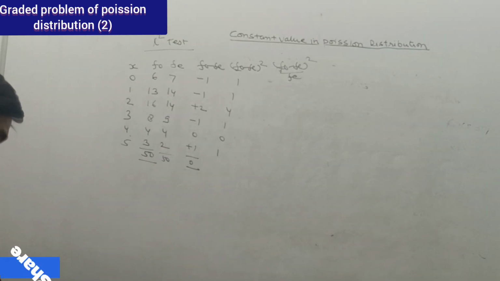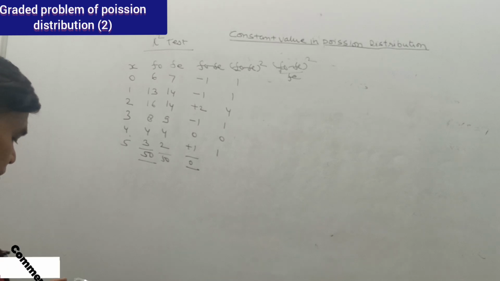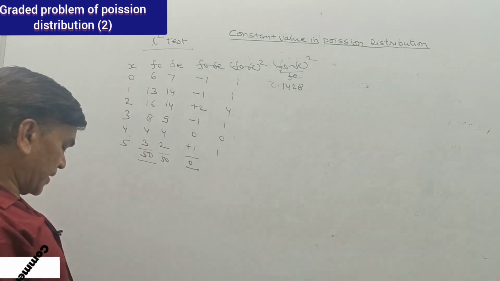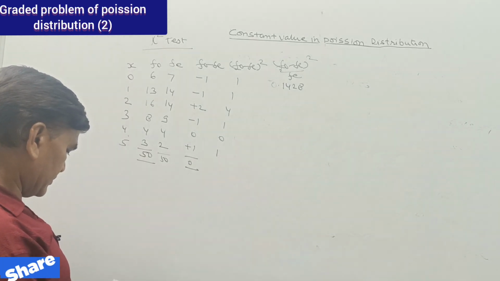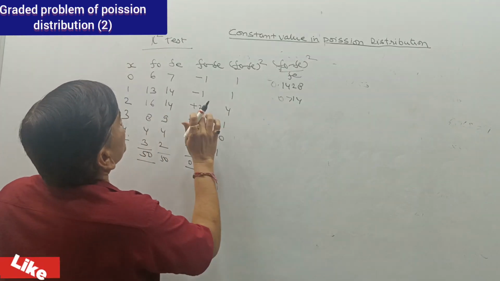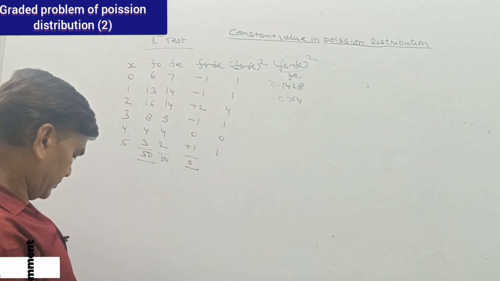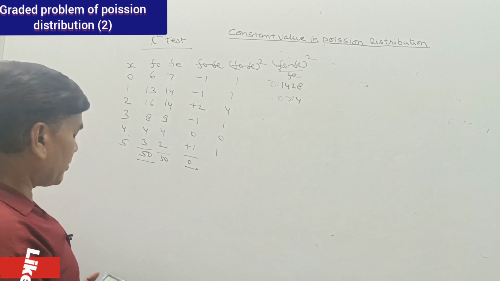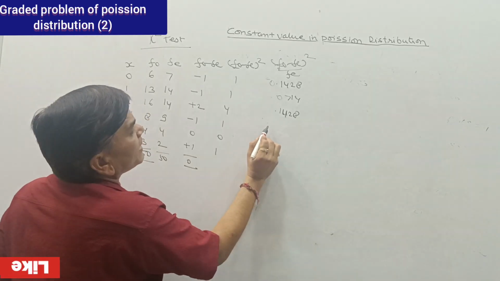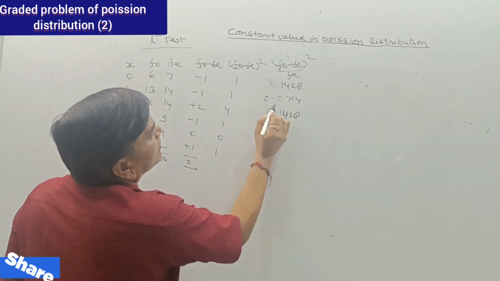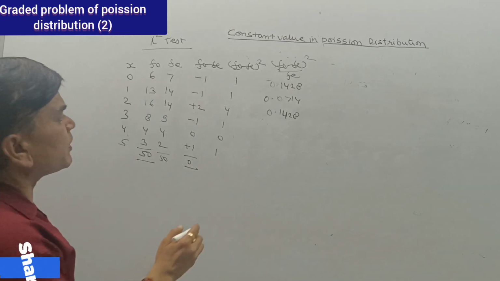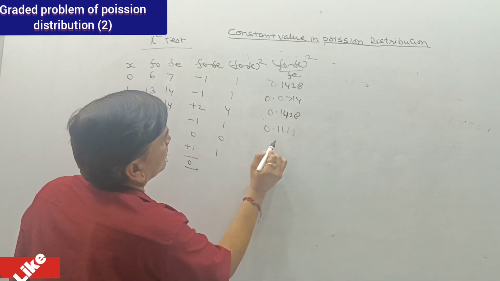So 1 divided by 7 is 0.1428. 1 divided by 14 is 0.0714. 2 divided by 14 is 0.1428. 1 divided by 9 is 0.1111. 0.